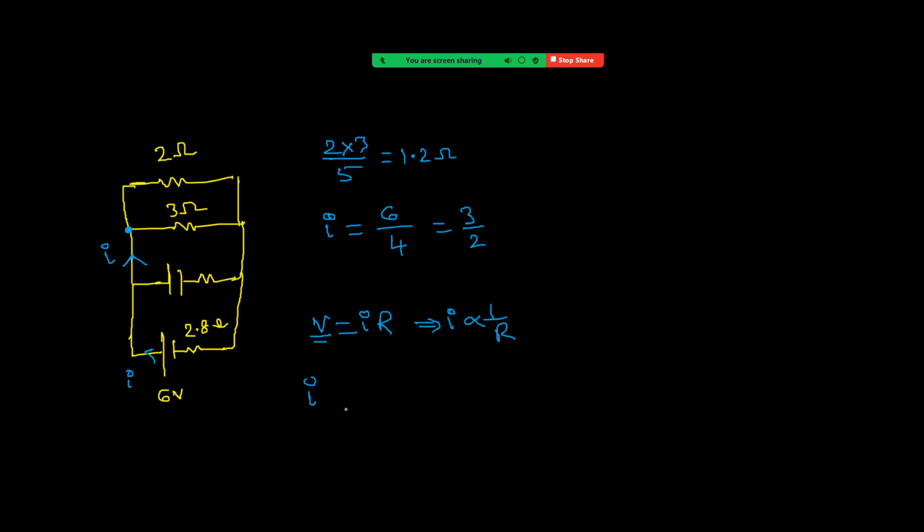Taking it as I2, that is equal to the total 3 by 2, divided in the ratio 3 is to 2, so into 3 by 5, right? Total 5 parts; out of 5 parts, 3 parts will be through the 2 ohm resistor. So this is 9 by 10, right? So that is the answer. Okay. In the next lecture, we can discuss the remaining problems.